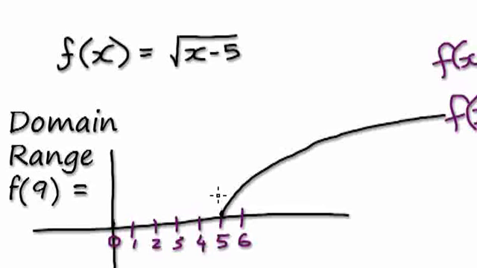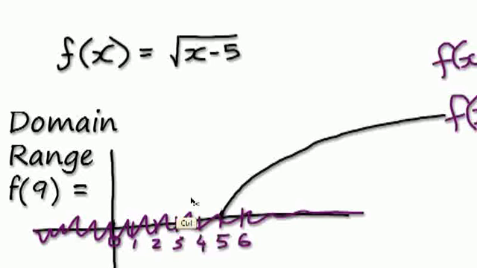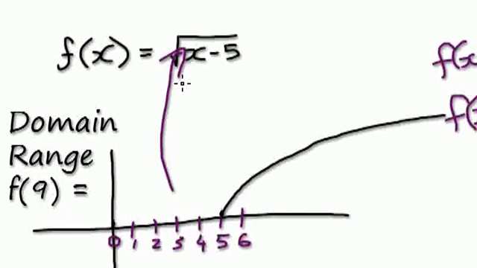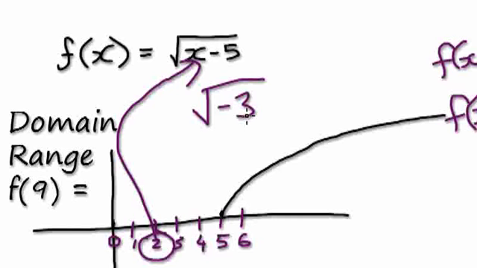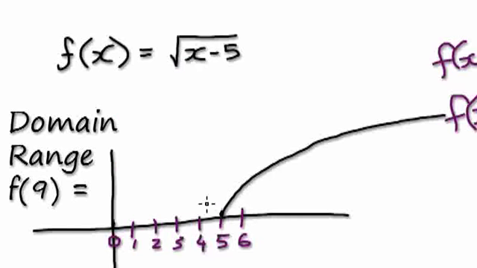Okay, so here the domain is basically the x values where you can put it into this thing and it still makes sense. So if you try and put, let's say, 2 into this, it won't make sense because you would in effect be trying to square root negative 3.